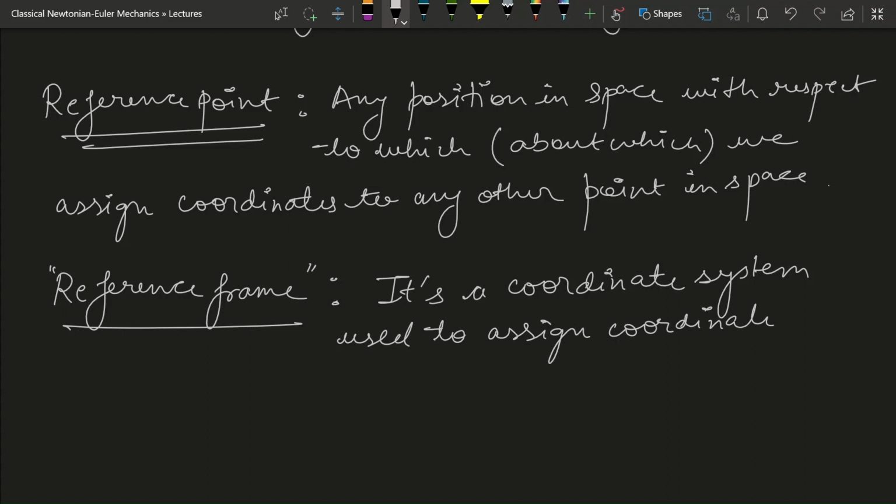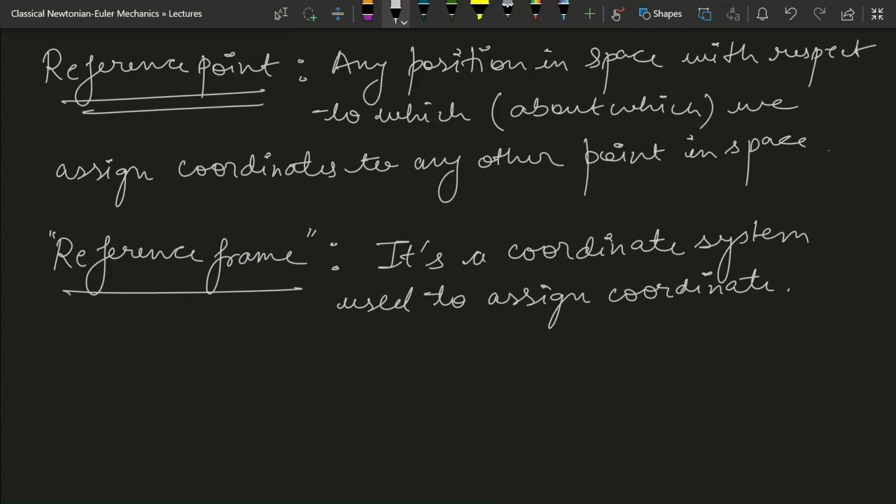There are many types of coordinate systems. One is Cartesian. We have already studied the Cartesian or rectangular coordinate system.